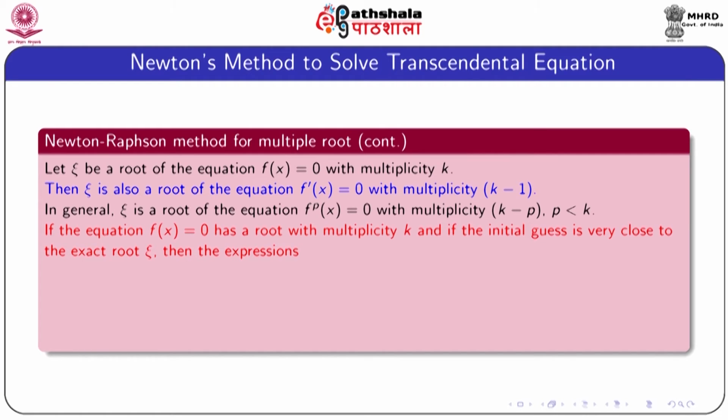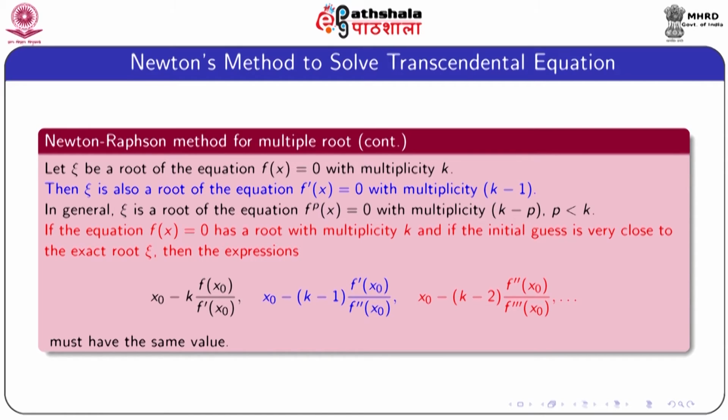So, if the equation f(x) = 0 has a root xi with multiplicity k, and if the initial guess is very close to the exact root xi, then the following expressions, x0 - k f(x0)/f'(x0), x0 - (k-1) f'(x0)/f''(x0), x0 - (k-2) f''(x0)/f'''(x0) and so on, must have the same value.